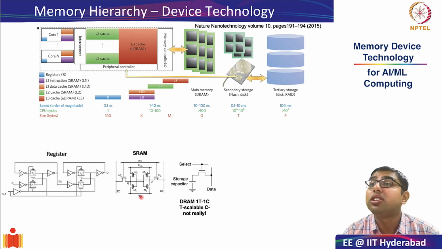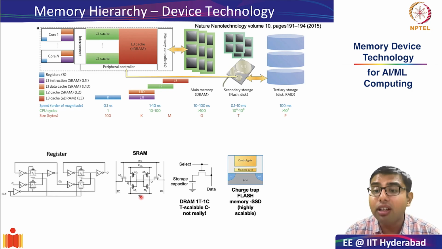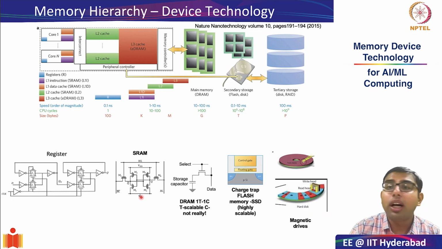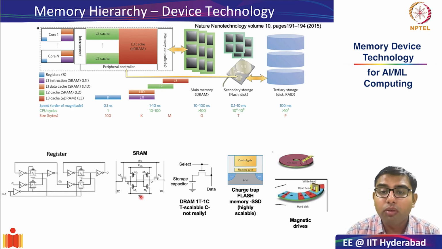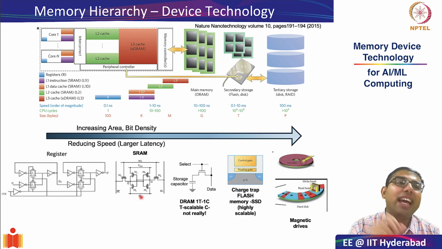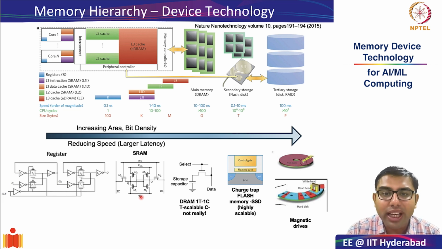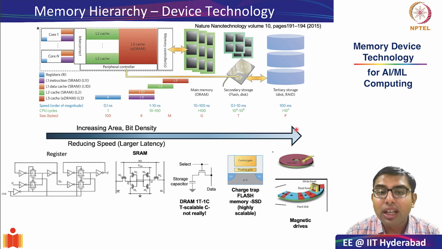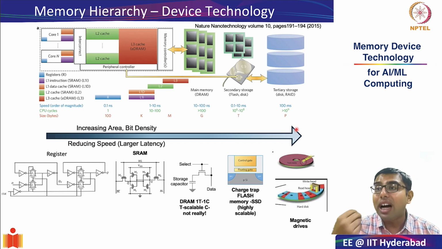Your DRAM consists of just 1 transistor and 1 capacitor, and your NAND flash consists of just a single transistor, and of course you have your magnetic disks. What is essential to recognize here is that the size of the memory element is reducing as you go away from the CPU subsystem, and therefore you will have very high bit densities and capacities, but you are suffering in speed.